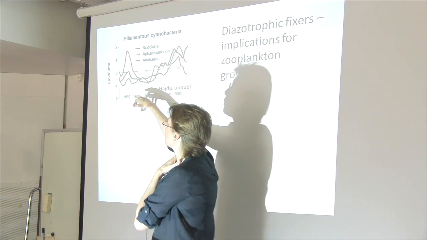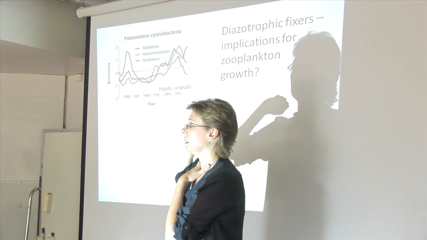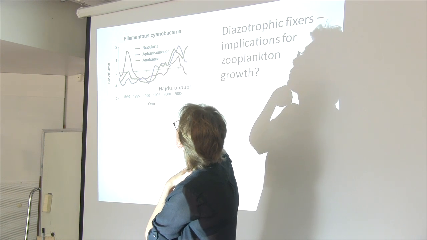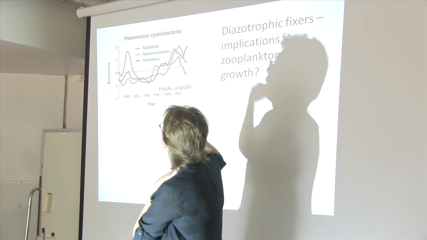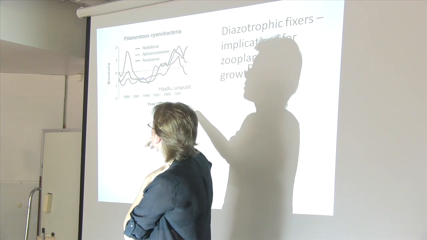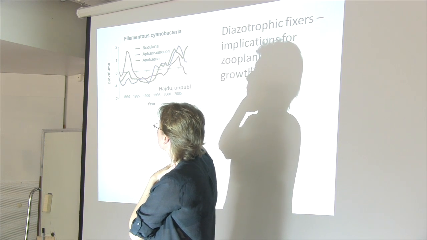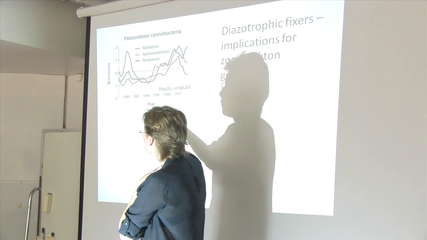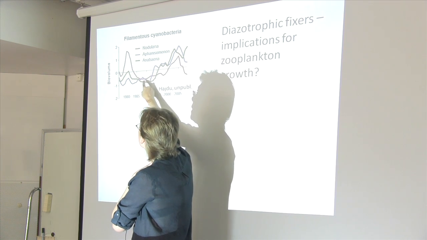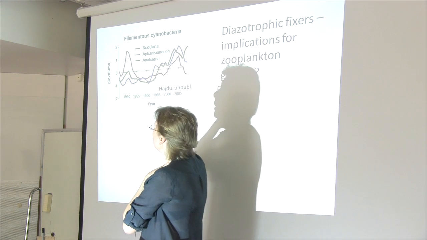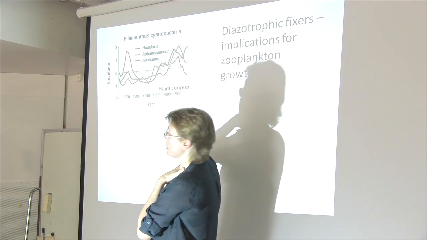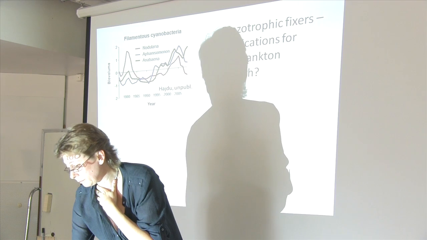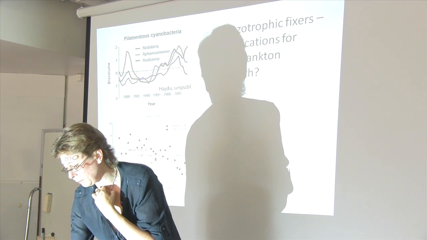So here what we have for cyanobacteria blooms in Asker, similar also for Landsort Deep, but in this case both copepod samples and cyanobacteria samples are coming from the same station. So starting from the beginning of the 90s, end of the 80s, we have a very heavy increase in all cyanobacteria species that are dominant in the Baltic, which are Aphanizomenon, Nodularia, and Anabaena.